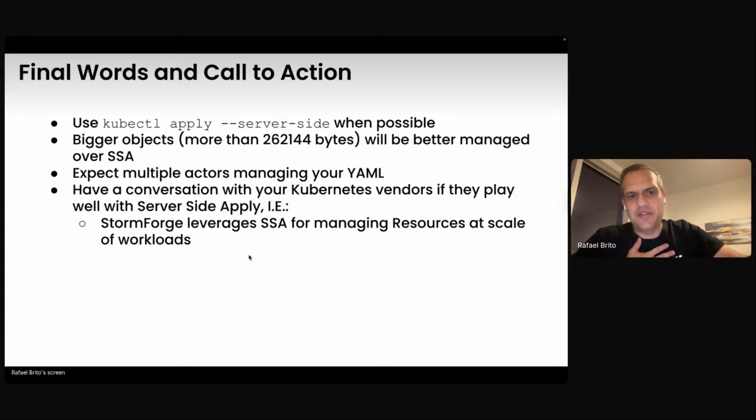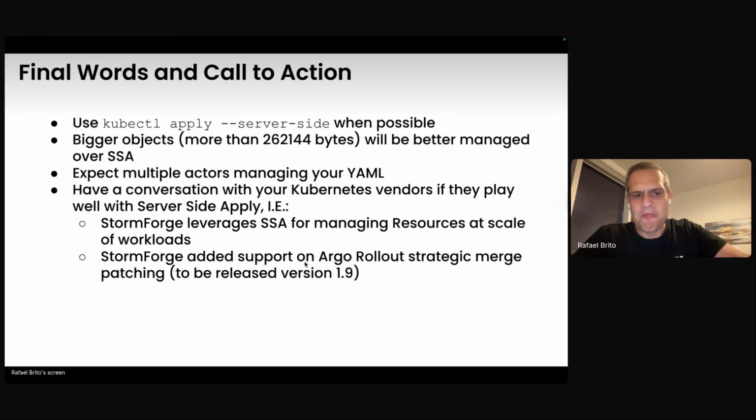For example, at StormForge, I spent so much time leveraging SSA to manage resources. We do patching for a living. We ended up helping Argo Rollouts support strategic merge patching for the next version.